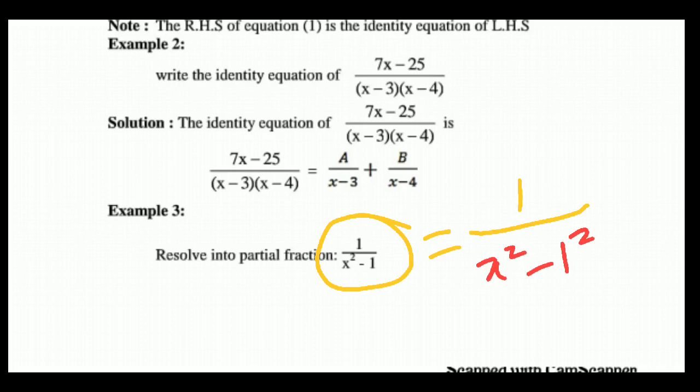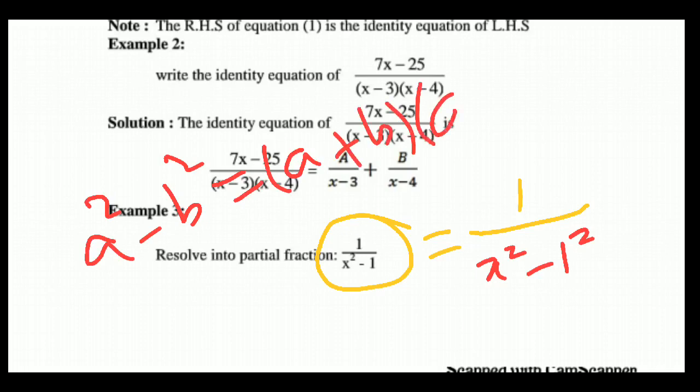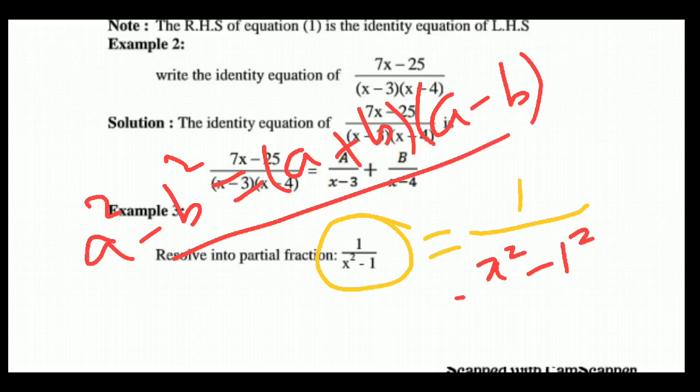Now this may be written in the form of a square minus b square. Already in the lower classes you have studied the a square minus b square formula. What is the formula for a square minus b square? It is equal to a plus b into a minus b. By using this formula, you can split this denominator into 1 divided by x plus 1 into x minus 1. Now do you understand?